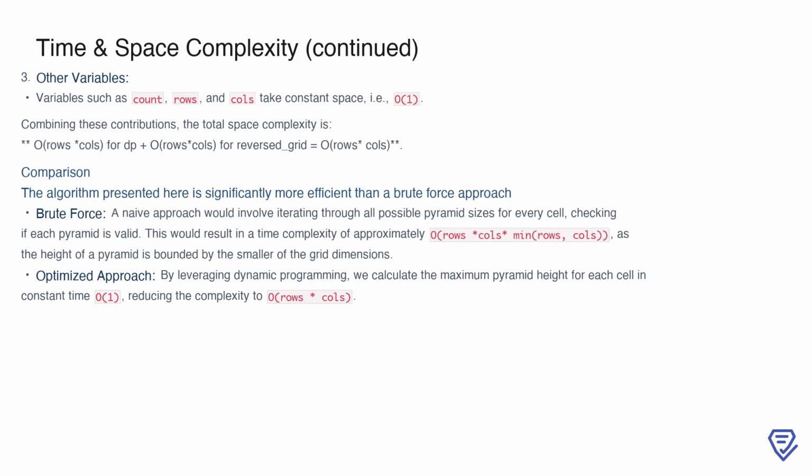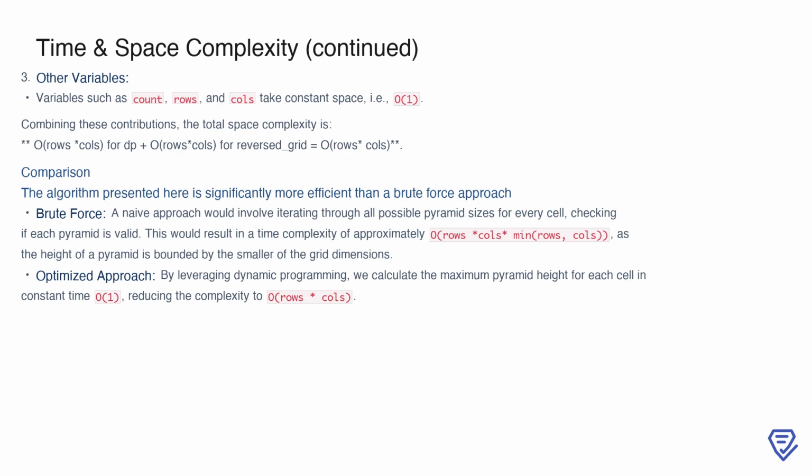Apart from the dp array and the reversed grid, the algorithm uses a few other variables such as count, rows, and columns, which take constant space, or O(1). When we combine all these contributions, the total space complexity becomes rows*columns for the dp array plus rows*columns for the reversed grid, resulting in an overall space complexity of O(rows*columns).